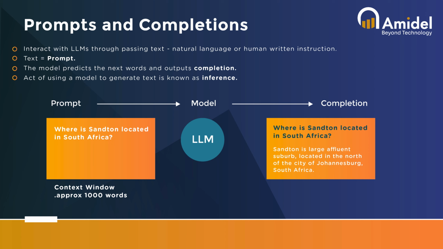The model then processes that text and gives you a response. This response is called a completion. If the model has processed the data well, if it knows Joburg's geography, it'll give you that response, like Sandton. And that whole process from beginning to end is called an inference.